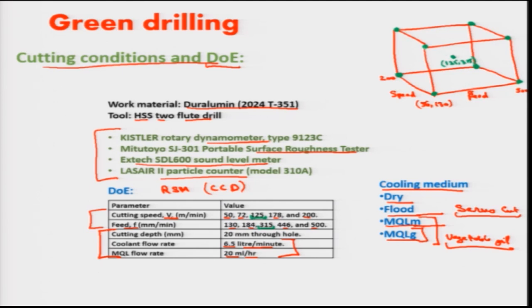The response here can be any of the responses that we have chosen. That can be thrust force, then surface roughness, then noise intensity, noise average and noise peak.